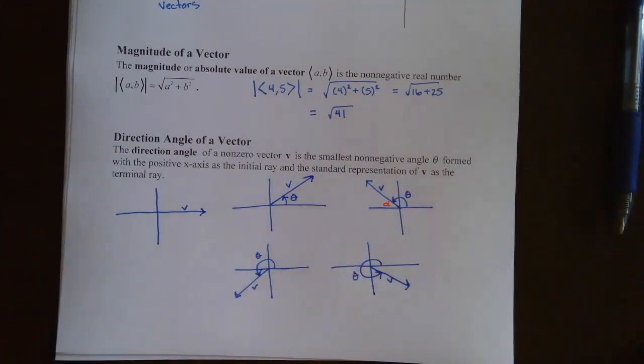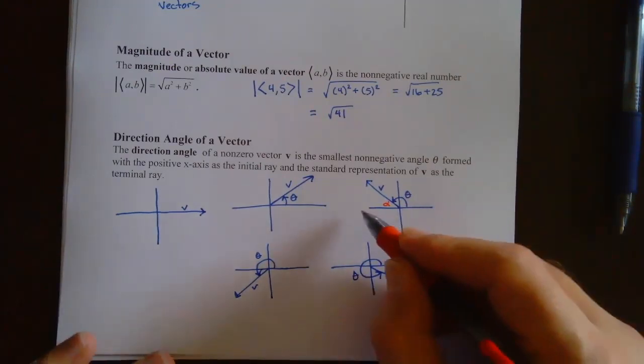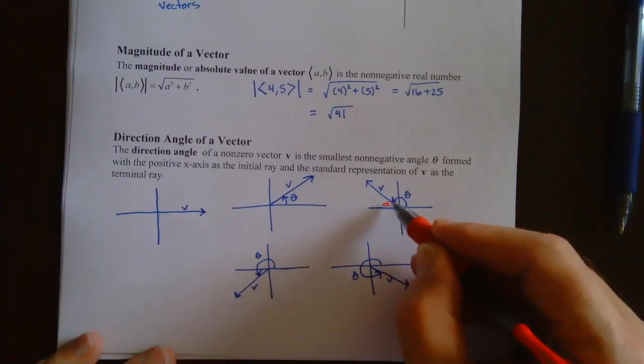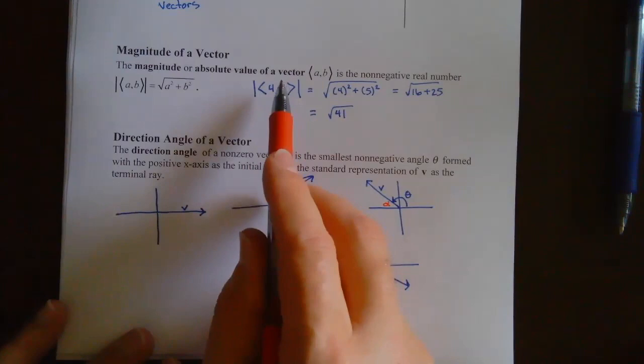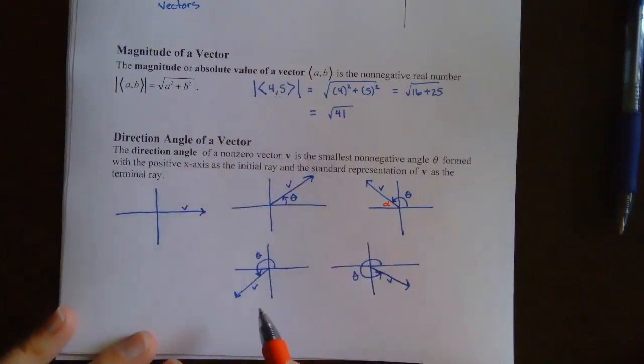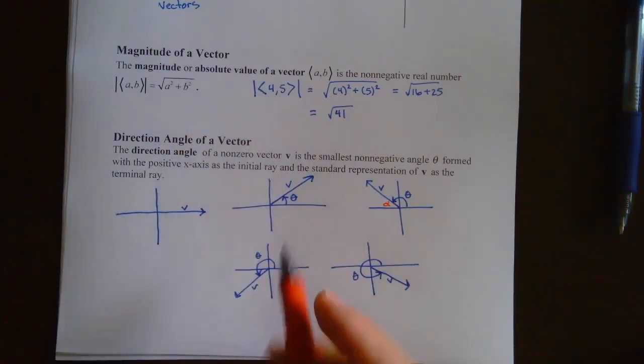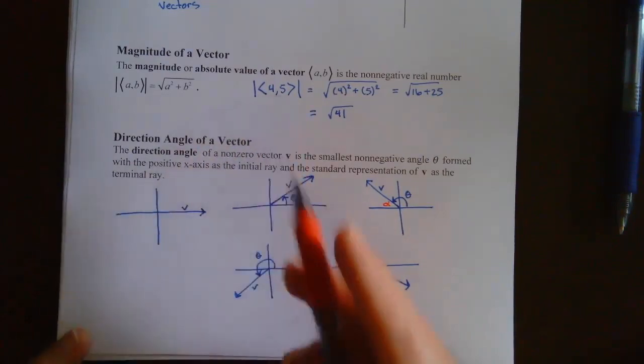Once we find that angle, and we know the vector lands in the second quadrant, all we have to do is take 180 degrees minus whatever that angle is, and that would give us the direction angle. Over here, if it was in the third quadrant, both coordinates would be negative. So we can tell where it's located based on the signs of these.